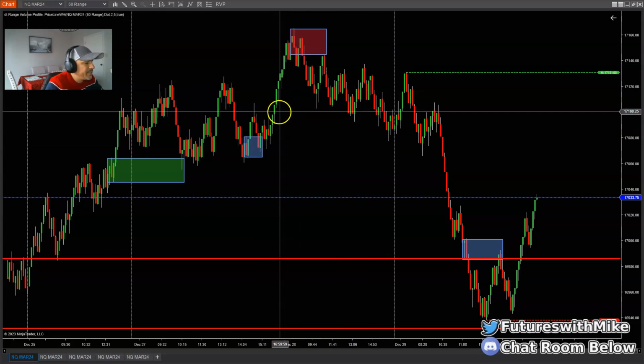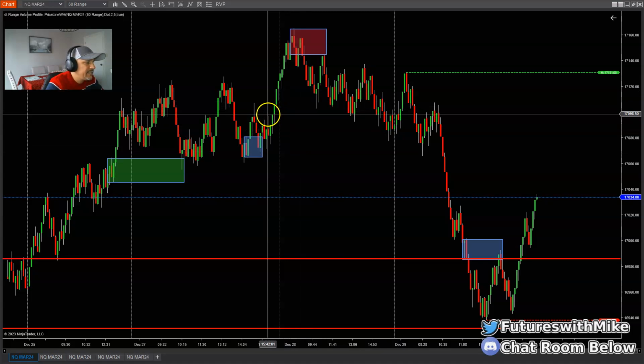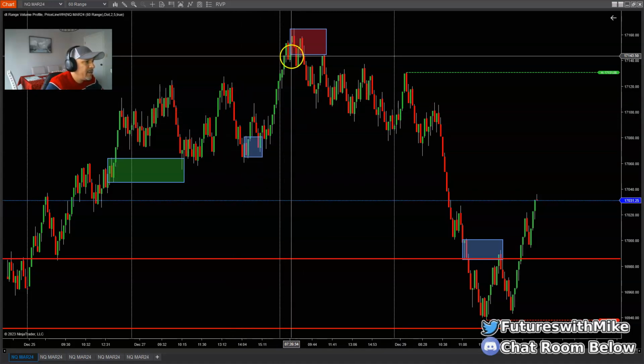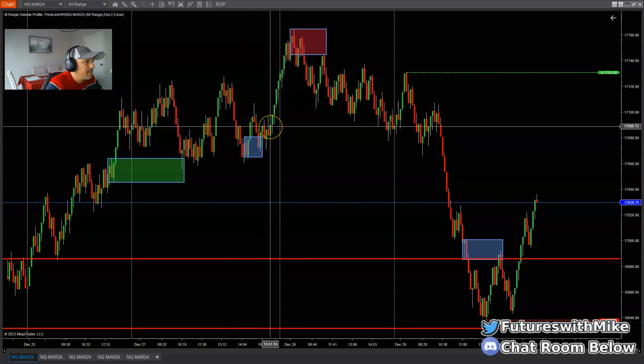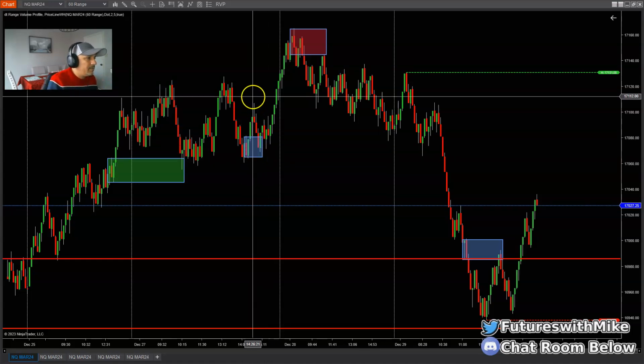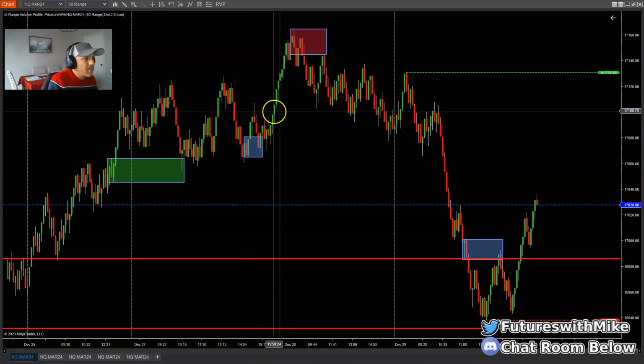Now you've got to be careful in this area right here. Even though this was a tested area, a low probability area of demand right here, for those that know what I'm talking about when I talk about low probability and high probability, when we're talking about that gap or void: once the market pushed up here, pulled back, it broke higher.